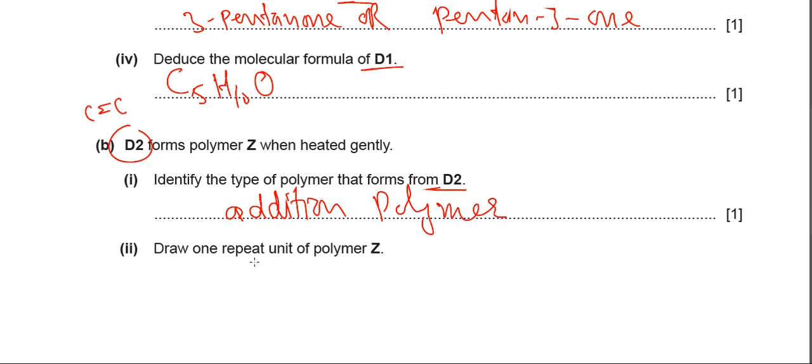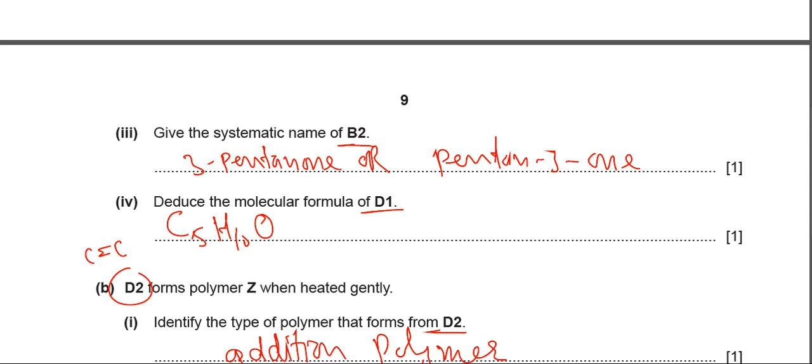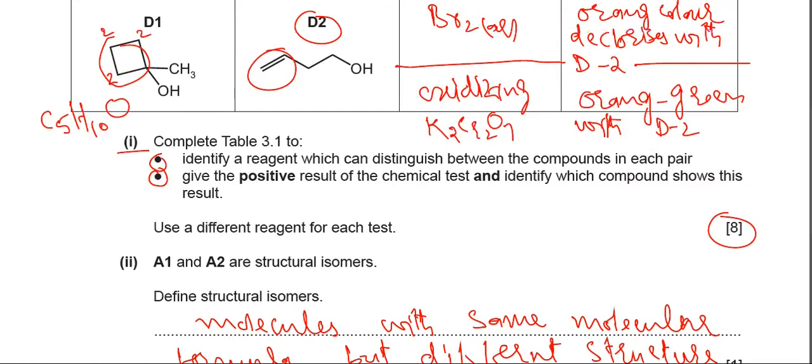Next he says draw one repeat unit of Z. So first of all I'm going to write that compound first, CH2 double bond CH and then CH2Br. No sorry, OH, not Br. Let me check what was D2.